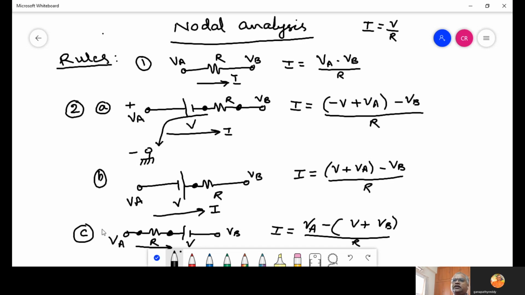So when A and C are conceptually the same, mathematically the expression is also the same. So again, my logic is correct. So 2A is more important. If you understand 2A, 2B, 2C are nothing. Rule 1 is anyway simple.